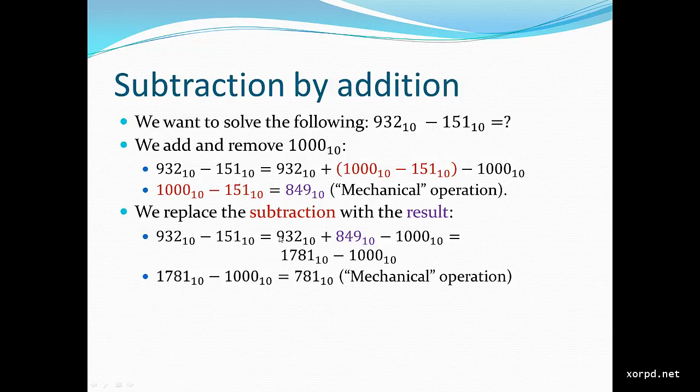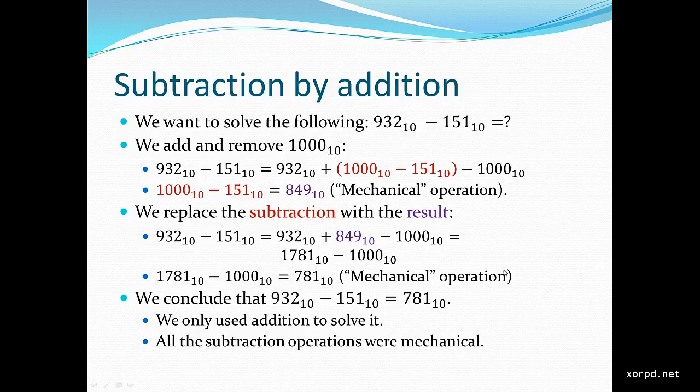And the real work is here, where we add those two numbers that you can see here. So eventually we conclude that the result is 781 in base 10. And it really seems that we only used addition to solve it. The rest of it was just mostly mechanical.